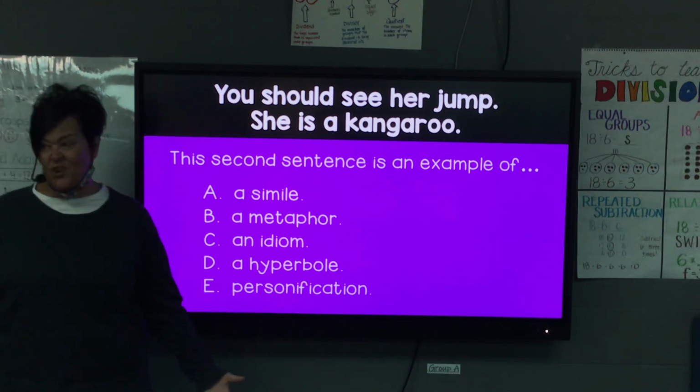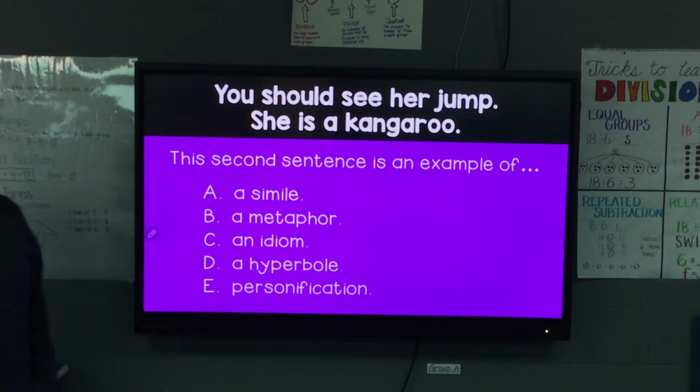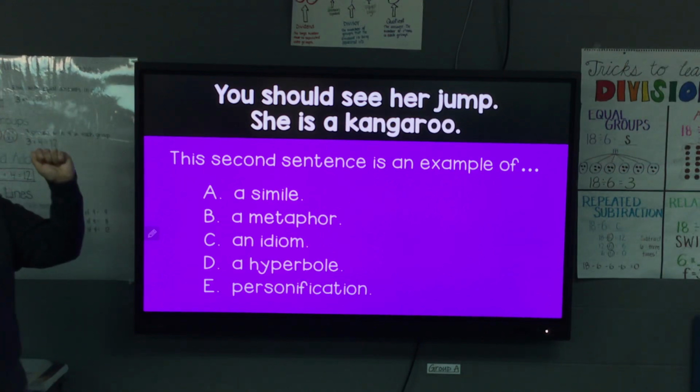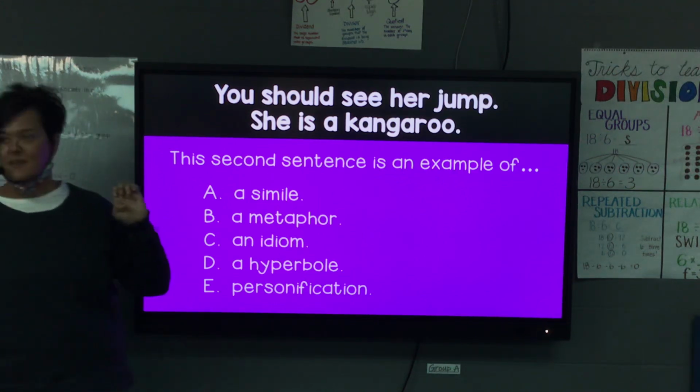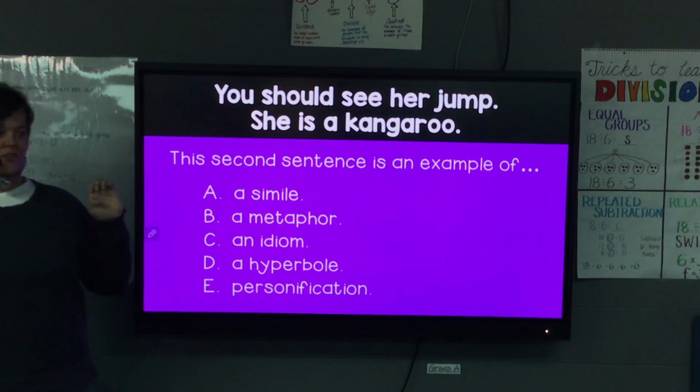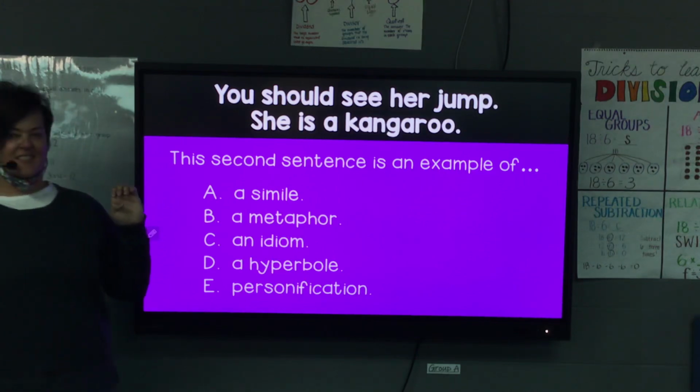You should see her jump. She is a kangaroo. A simile, A. A metaphor, B. An idiom, C. A hyperbole, D. Personification, E. Show me your choice.